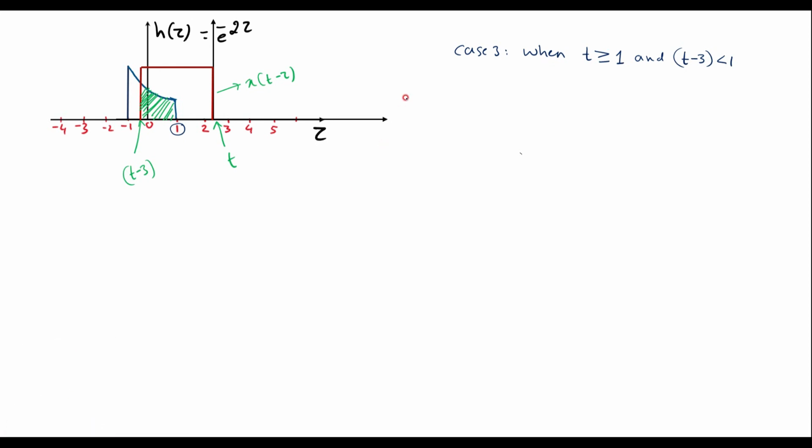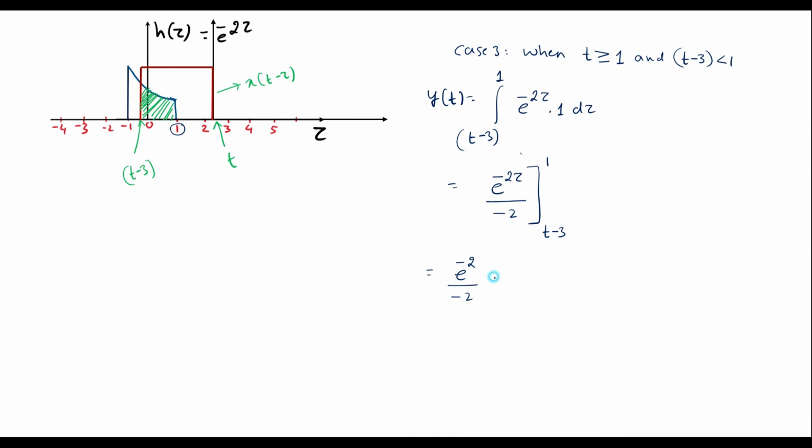Therefore, y of t is equal to integration t minus 3 to 1 e power minus 2 tau into 1 d tau. Simplifying this, e power minus 2 tau divided by minus 2, that is t minus 3 to 1. It can be further simplified as e power minus 2 divided by minus 2 plus e power minus 2, tau value is t minus 3 divided by 2.